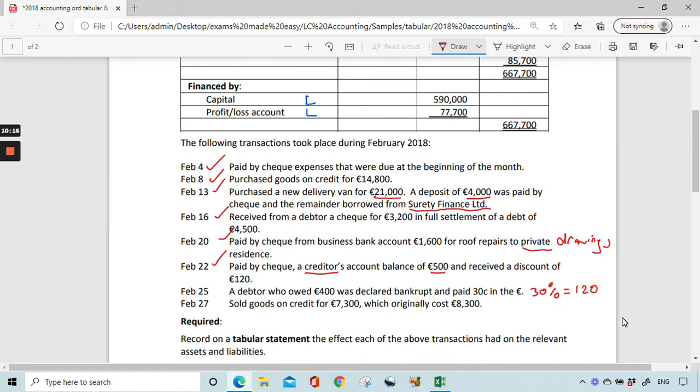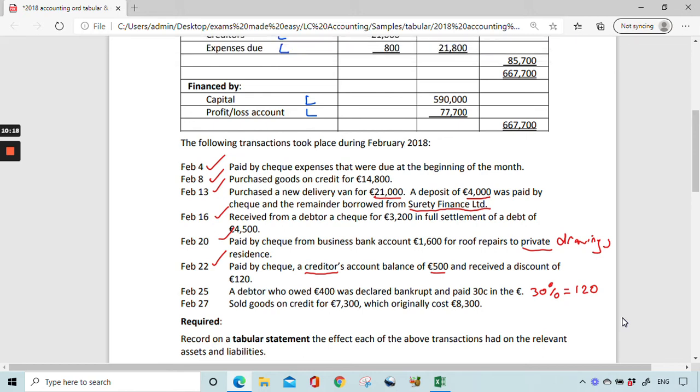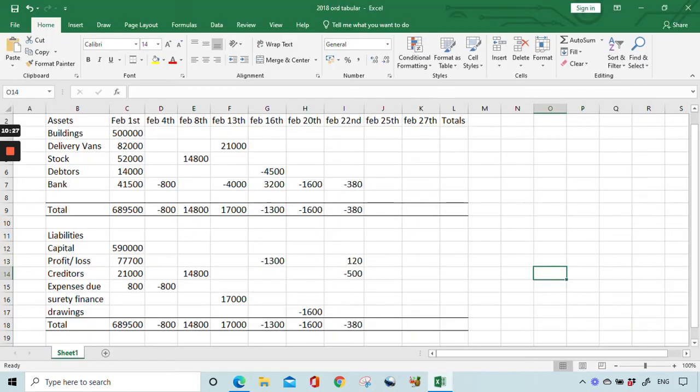So they paid €120 into the bank account. But they owed 400, and they've gone bankrupt, so that debt is gone, minus 400. They paid you 120 though. So how much did that hit your profit by? The difference between these two, your profit will go down by 280. So again, minus 280, minus 280.